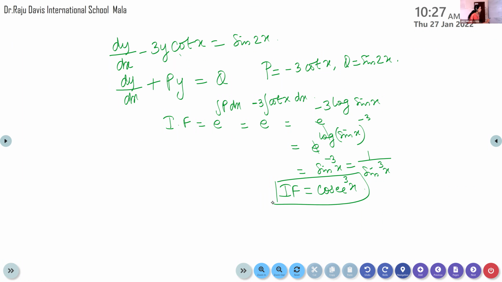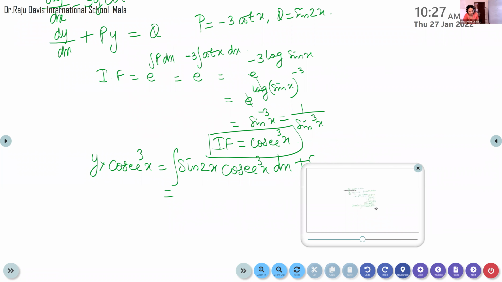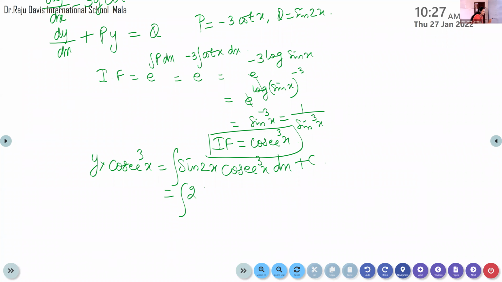Once the integrating factor is given, write the solution. Y into integrating factor cosec cube x is equal to integral of q, which is sine 2x cosec cube x dx plus c. Sine 2x we can write as 2 sine x cos x, into cosec cube x, which is 1 by sine cube x, dx.